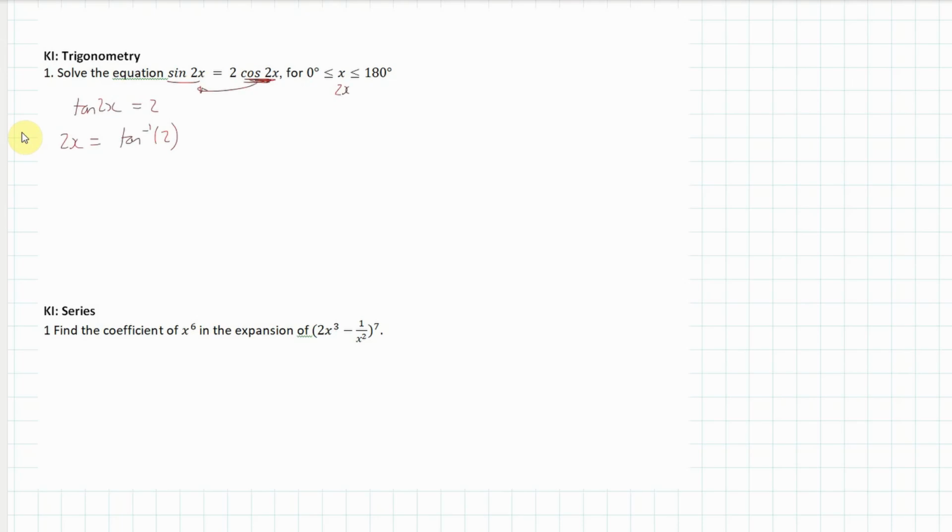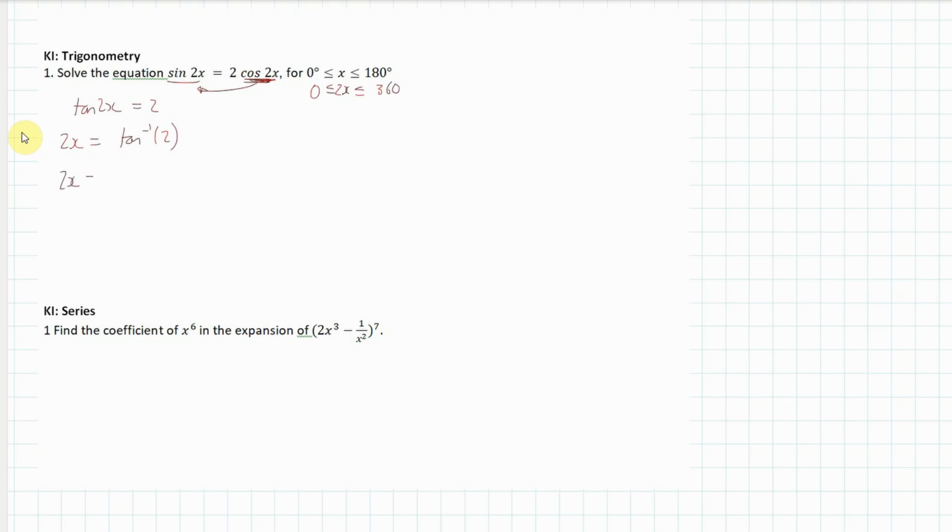Now I'm just going to change the domain that I'm looking at here, so I'll double it since I'm using 2x here. So when we go inverse tan of 2, now we want to be in degrees, so you probably need to change your calculator from the previous question. Inverse tan of 2 is 63.4.